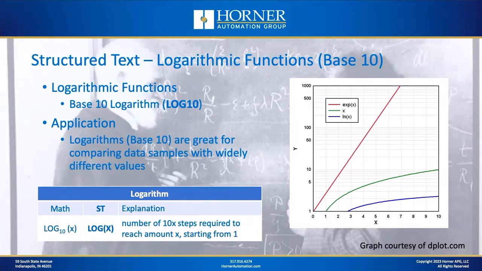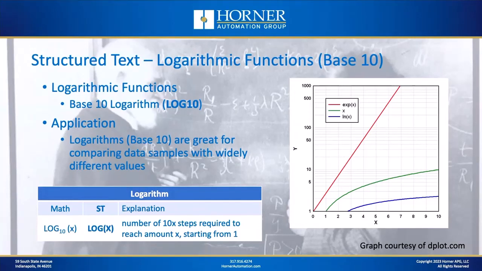You might have some results that are 10,000 and above, and other results that are just a few units. Whenever you're comparing data that has a great difference in value, sometimes comparing them on a logarithmic scale can be very useful. So how does that work exactly? Well, what a base 10 logarithm will tell you is how many orders of magnitude a certain value is away from 1.